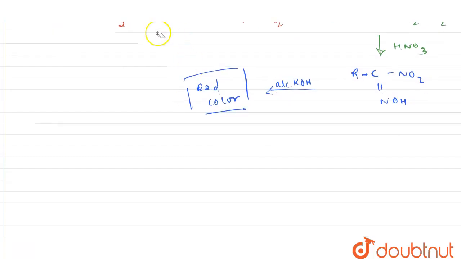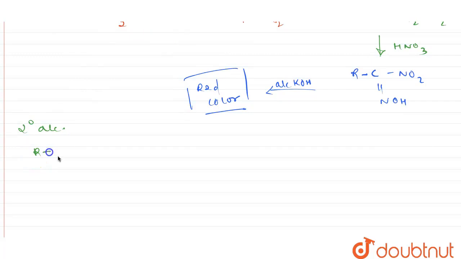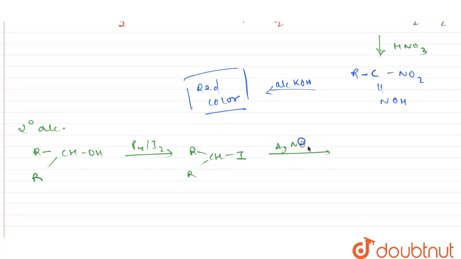If you have secondary alcohol, the structure would be R, CH, OH, and R. Or you can write it like this: R2CHOH. The first step is treatment with P4 and iodine, which will give you R2CHI. The next treatment is with AgNO2, which will give you the product R2CHNO2.